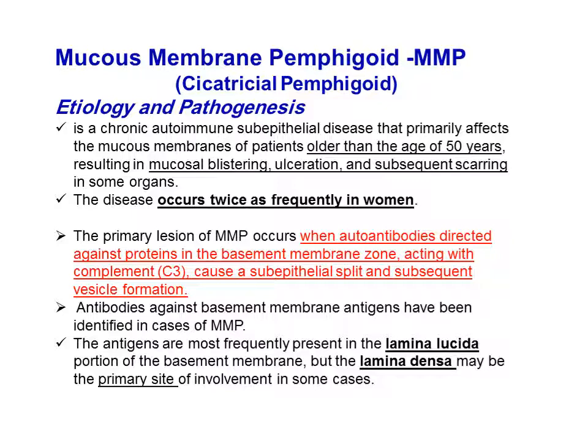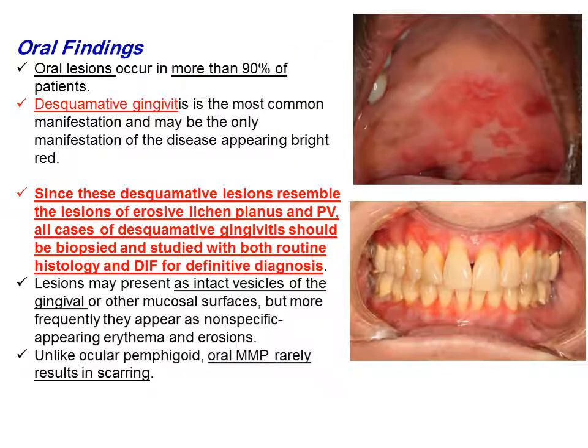Antibodies against basement membrane antigens have been identified in cases of mucous membrane pemphigoid. The antigen is most frequently present in the lamina lucida of the basement membrane, but the lamina densa may be the primary site of involvement in some cases. Oral findings: oral lesions are seen in more than 90% of patients.